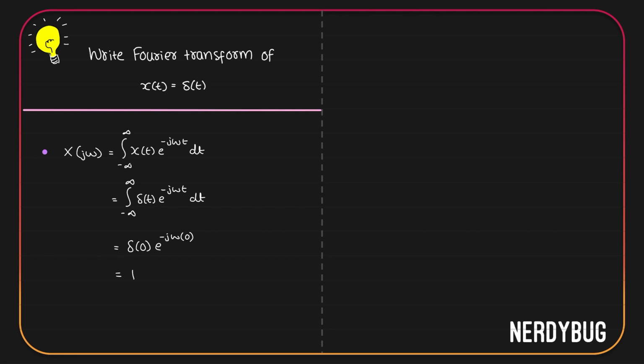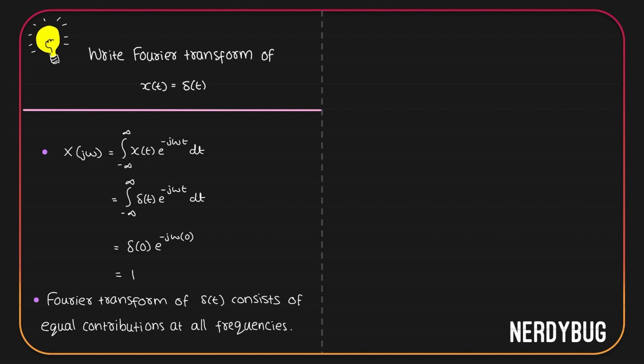E raised to 0 is also 1. So X of j omega is simply 1. And interestingly, it is not dependent on omega at all. So we can conclude that Fourier transform of delta of t has equal contributions at all frequencies. It does not depend on the frequency and it is a constant.